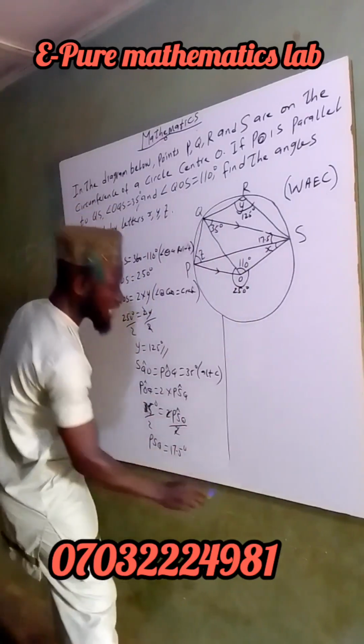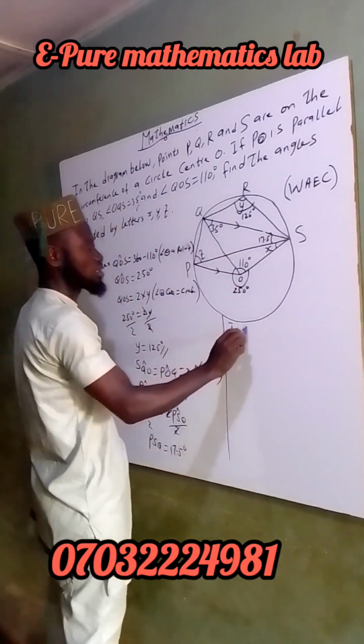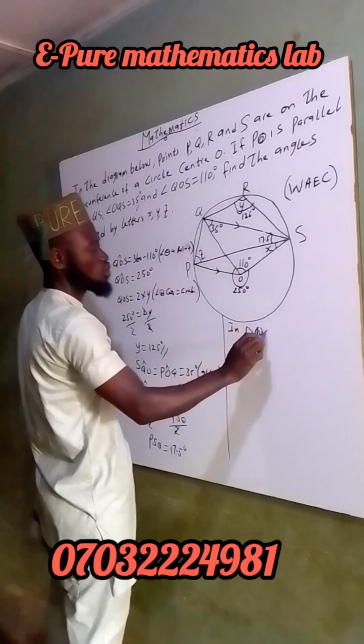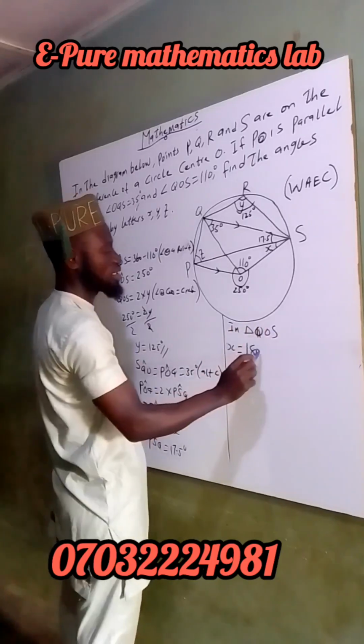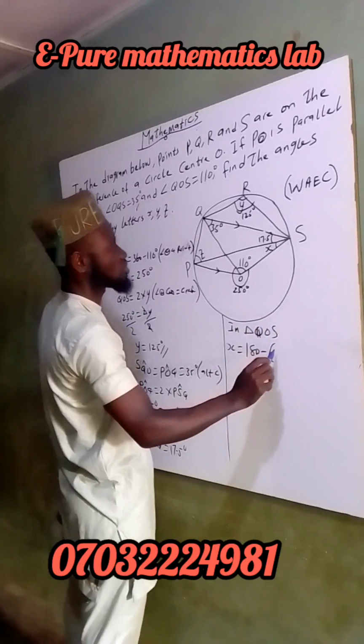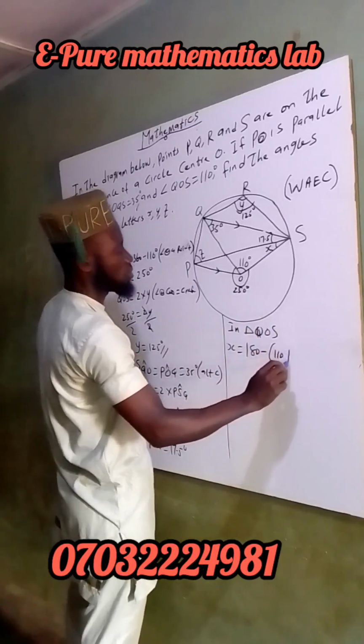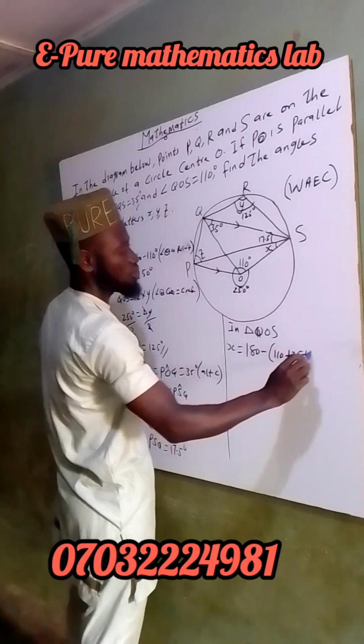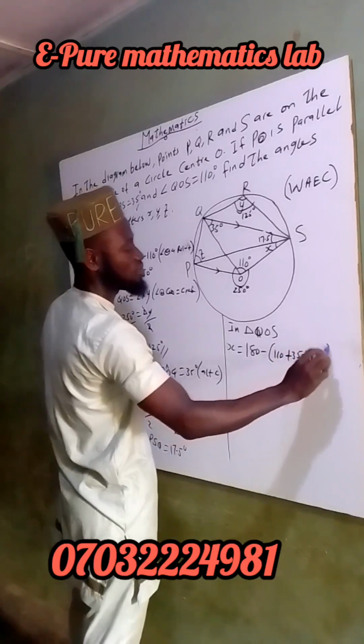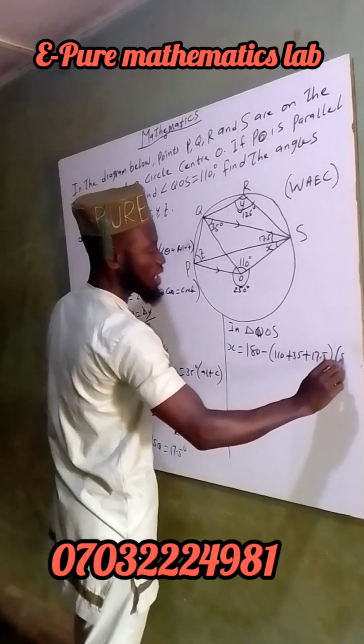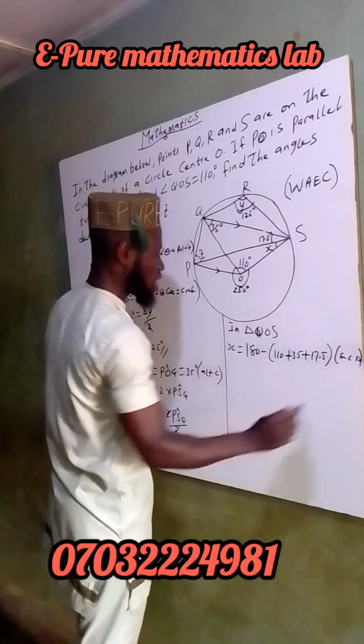Let me just say in triangle QOS, S is equal to 180 minus 110 plus 35 plus 17.5 degrees. Reason: sum of angles in a triangle.